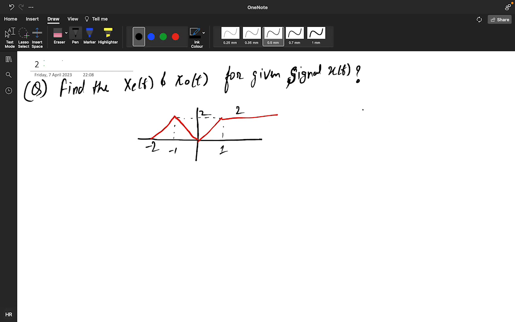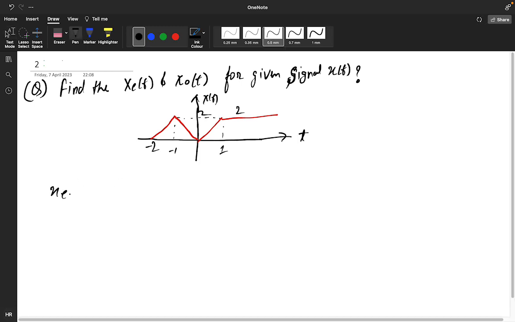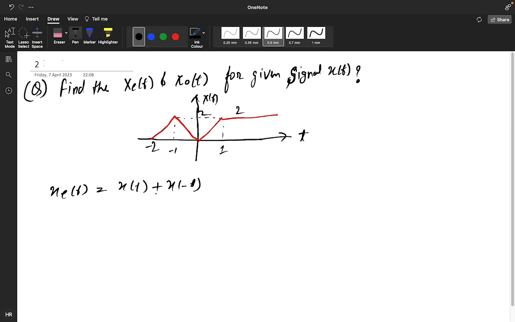So this is your x of t signal, and this axis is t. Okay guys, what is the formula for xe of t? X of t plus x of minus t by 2.